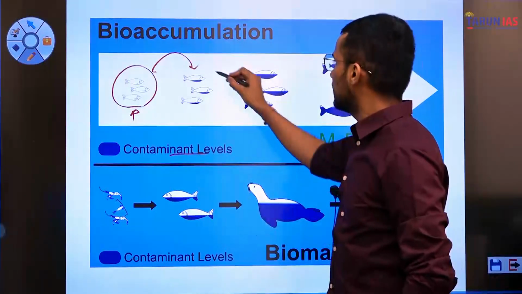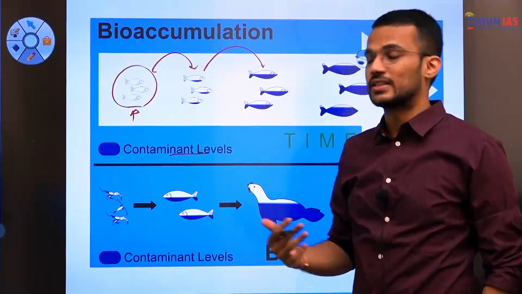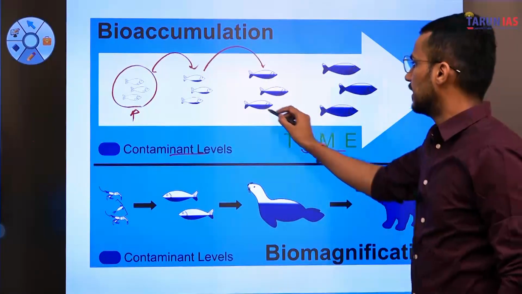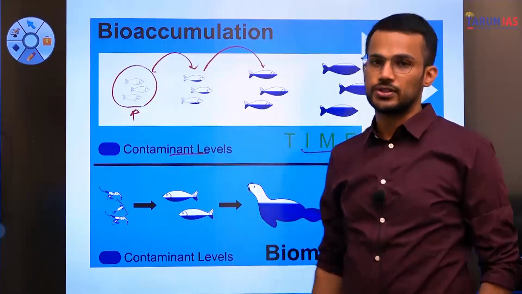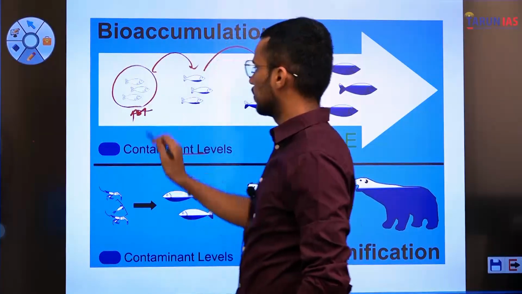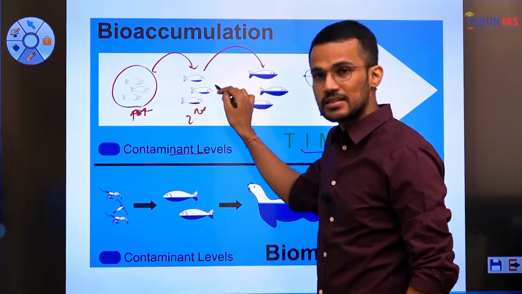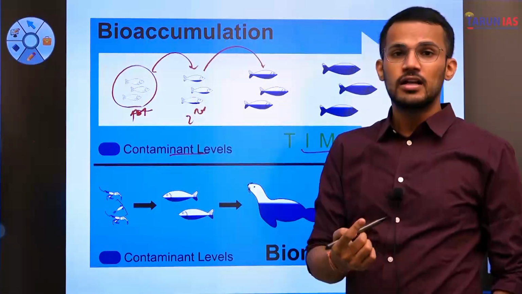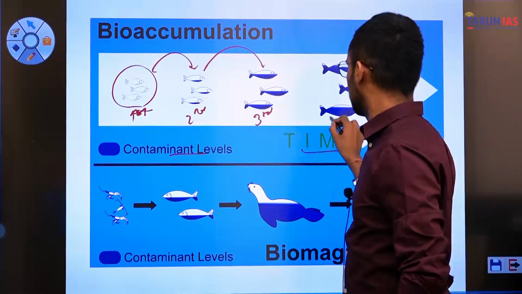Now, as these fishes grow with time, the level of contaminant also increases in the body of fishes. You can see in these stages. At the first stage, there was nothing inside the body of the fish. At the second stage, some contaminant has entered, and with time, that contaminant is increasing.